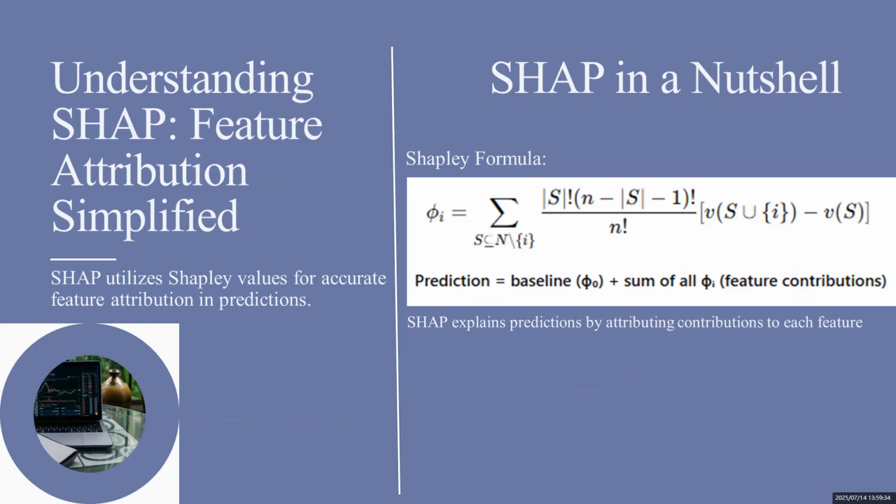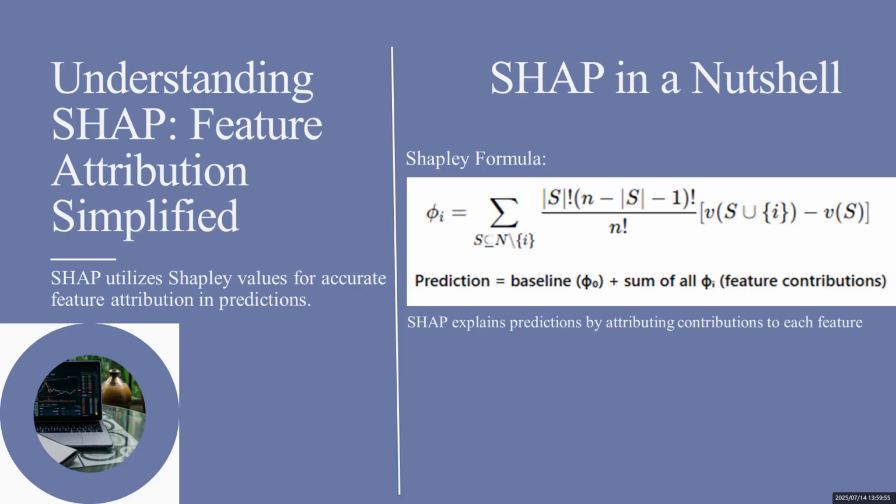What this formula explains is that SHAP works based on the contributions of features to model predictions. It predicts based on attributing contribution to each feature. So this is how SHAP works.